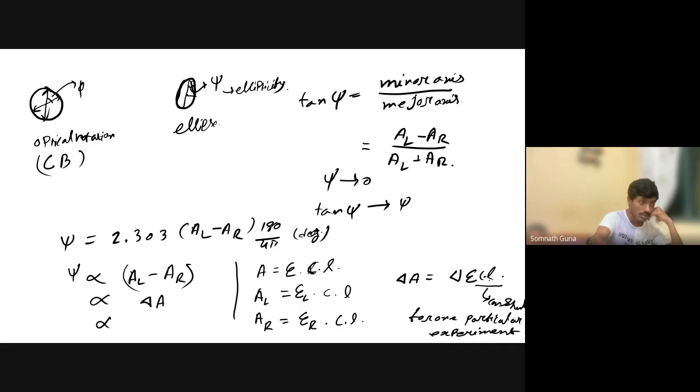So the only thing is that psi is proportional to delta epsilon. This is the equation we finally got from the molecular property with the light shining.